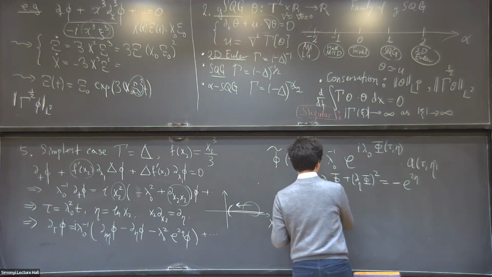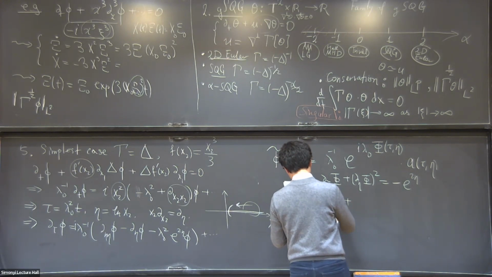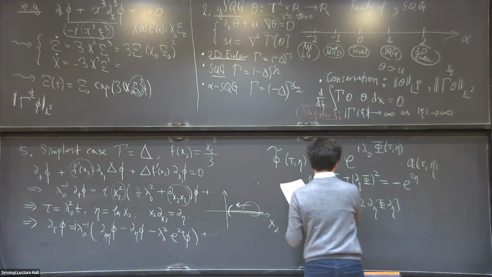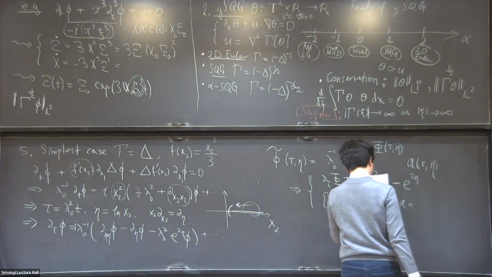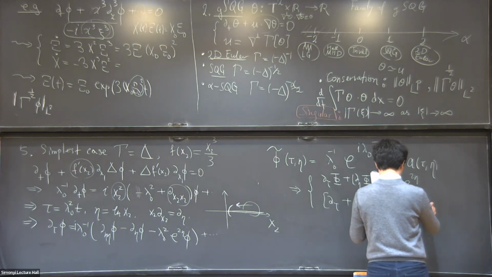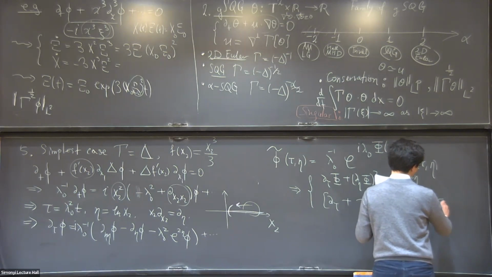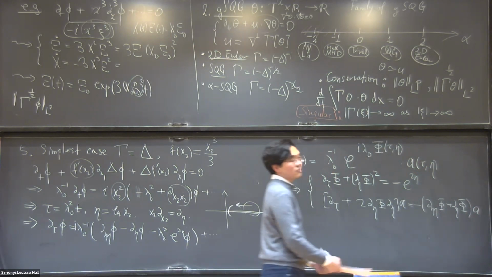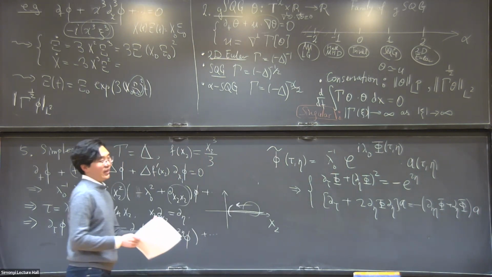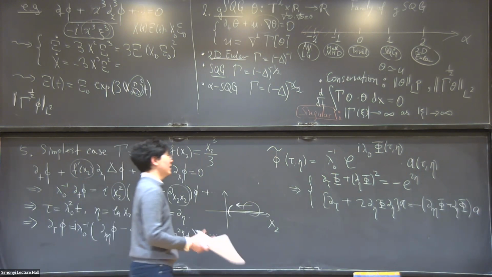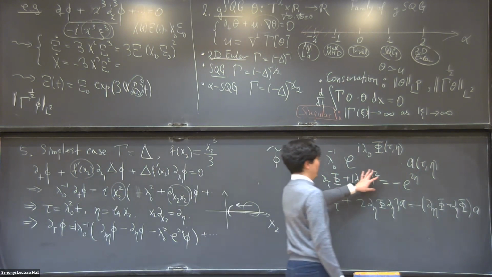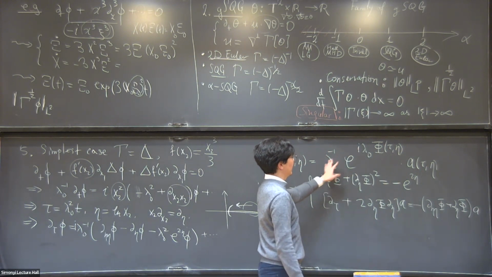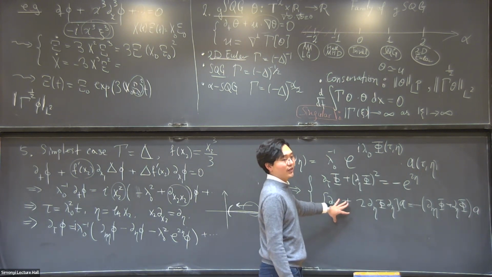In this concrete situation, the transport operator is d tau plus 2 times d eta phi d eta, applied to A is some nice function, assuming that the phase is nice, times A. So these are very explicit, simple PDEs. This is Hamilton-Jacobi. This is the transport equation. You first solve for phi, and then it can be fed into the transport equation.